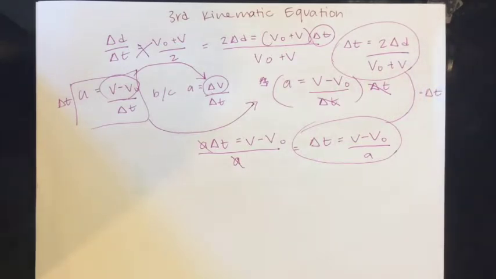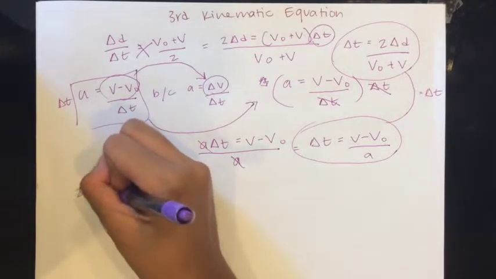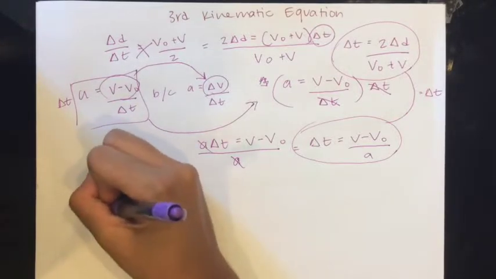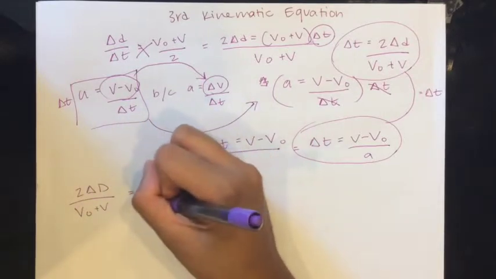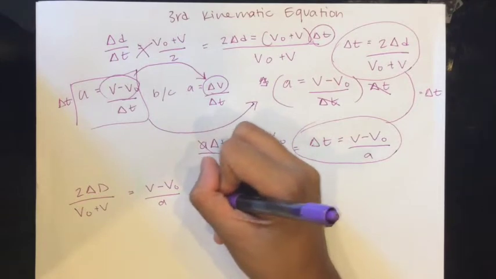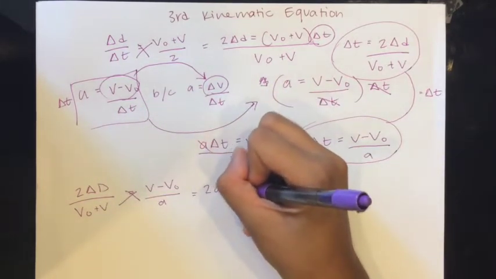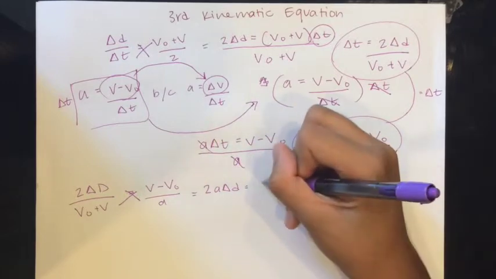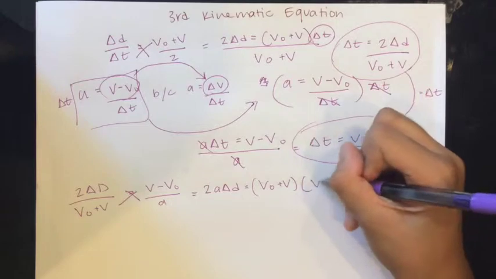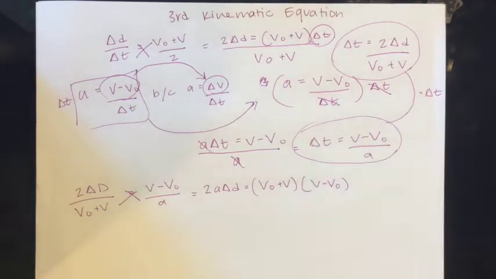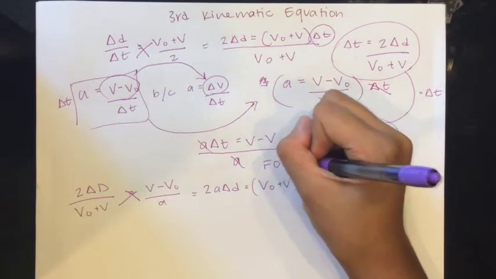So we can set these two equations equal to each other. So 2 delta d over (v naught plus v) equals (v minus v naught) over a. If we cross multiply these, then you get 2a delta d equals (v naught plus v) times (v minus v naught). What you want to do is FOIL both of these.